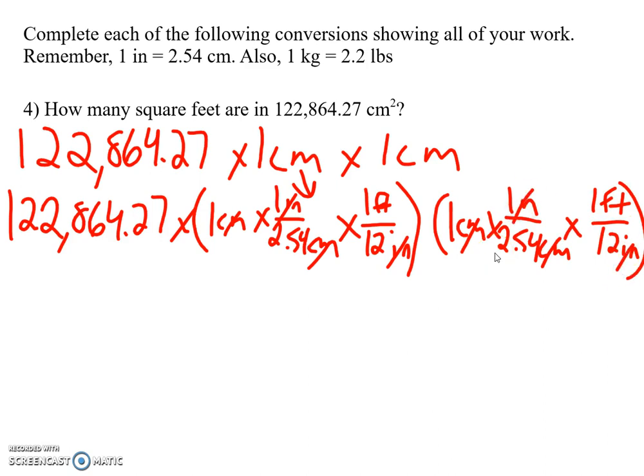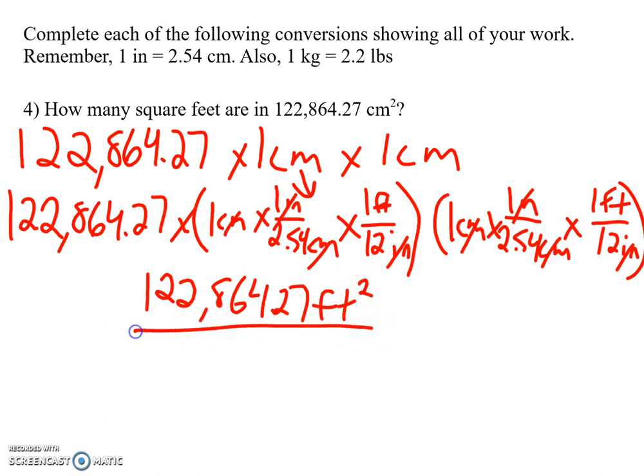So if I look at what do I have here, well, my units, I have 122,864 and 27 hundredths square feet, because feet and feet are the only things left, over 2.54 hundredths times 12, and I've got that 2 times, that whole unit, so I can say that's 2.54 hundredths times 12 squared.